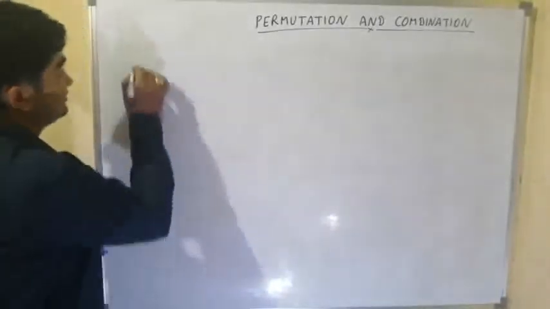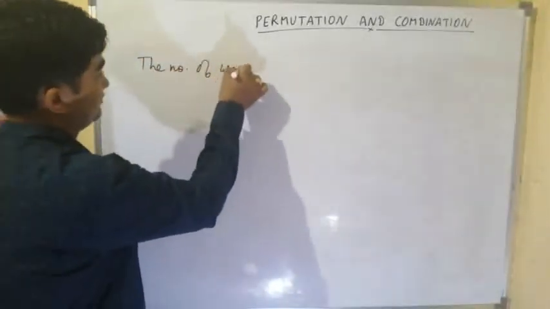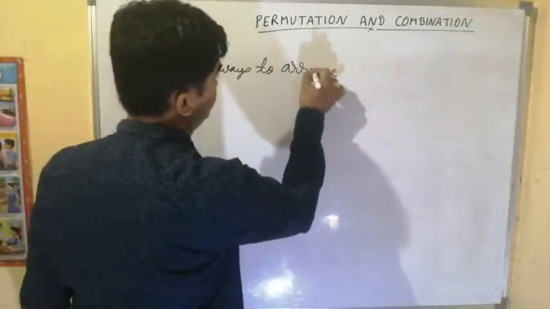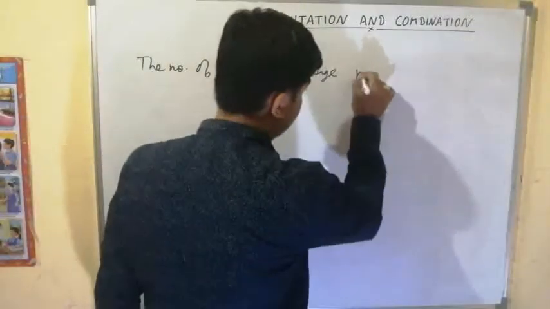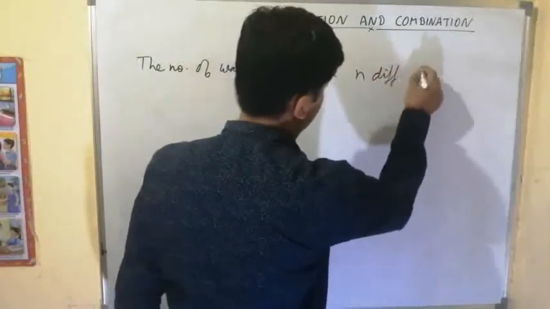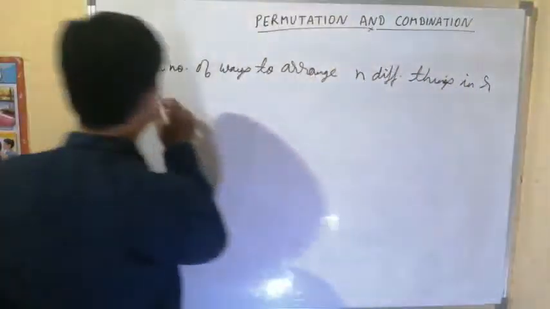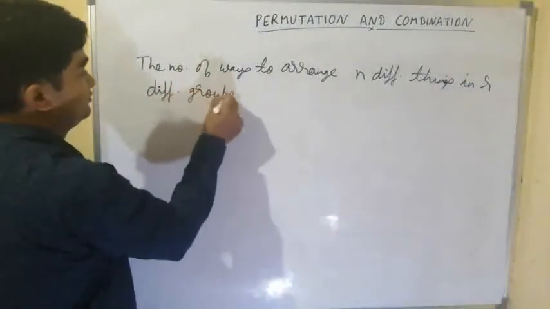Topic number 1. The number of ways to arrange n different things in r different groups.